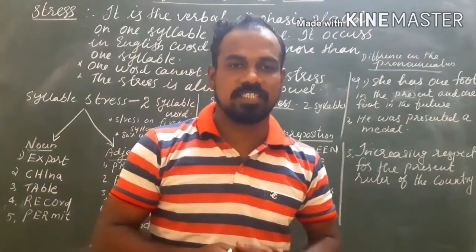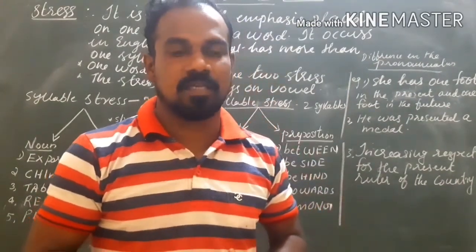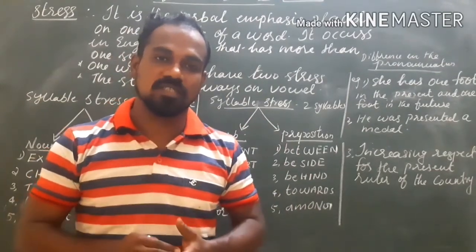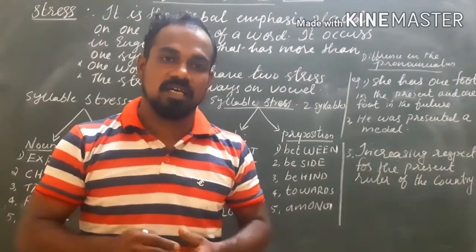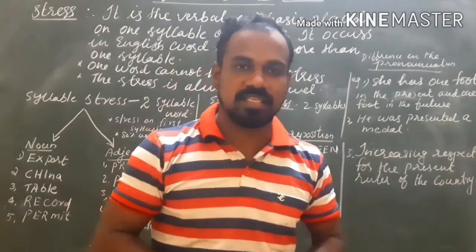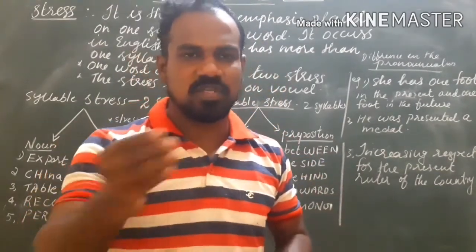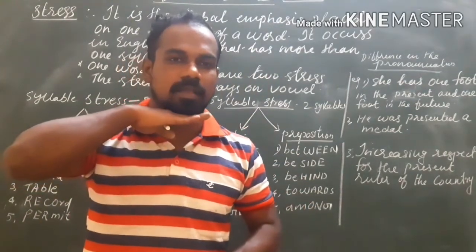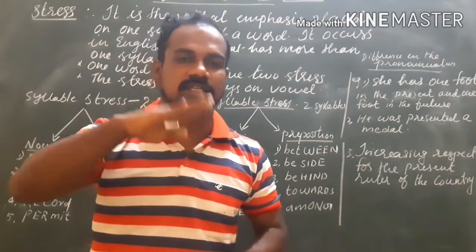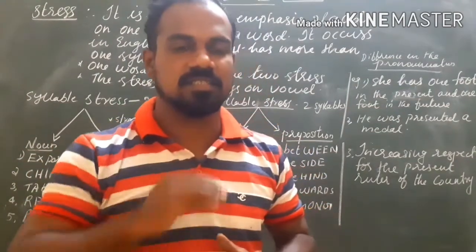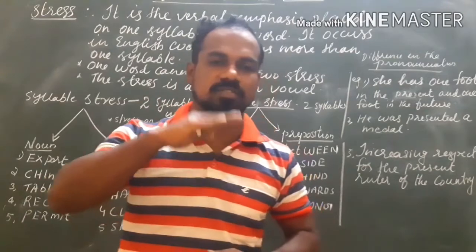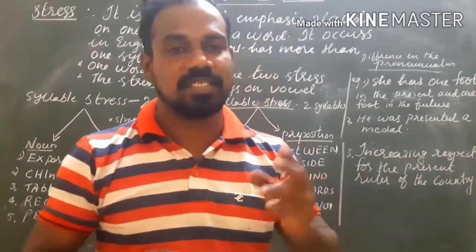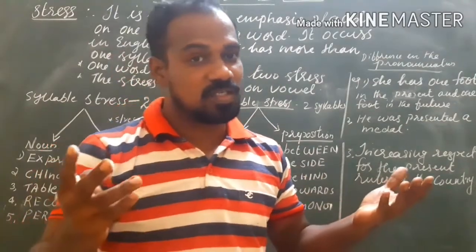For example, take a two-syllable word, present. How are you able to understand that it has two syllables? Just one simple tip for you. Keep your hand under your jaw when you pronounce that word. Present. See, how many times did my jaw drop? Present. Two times my jaw dropped. That means it has two syllables.